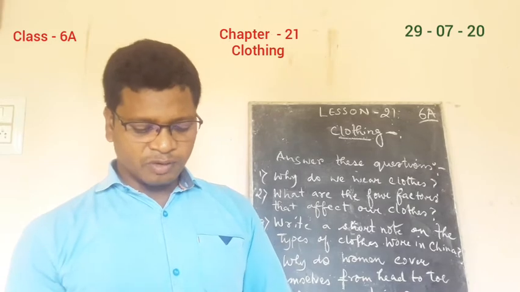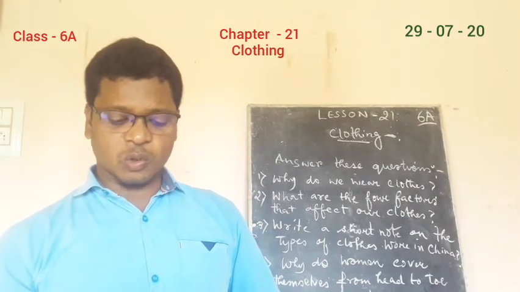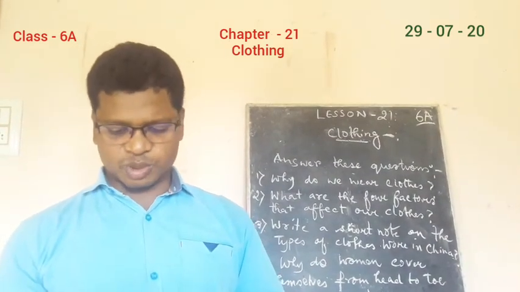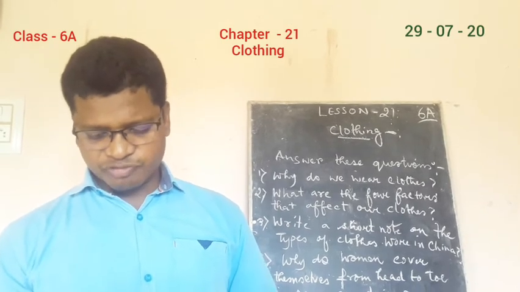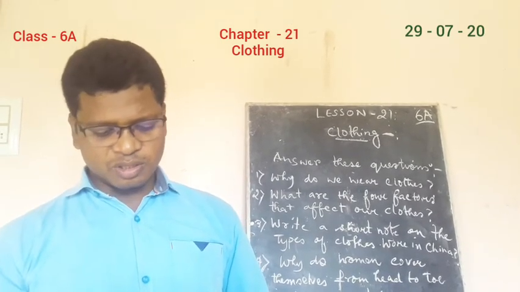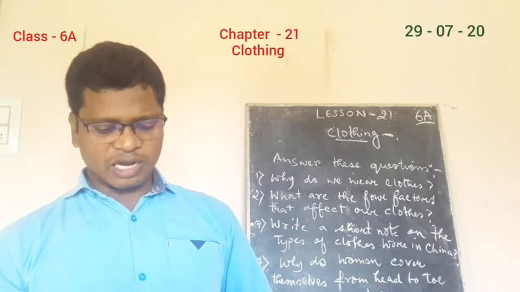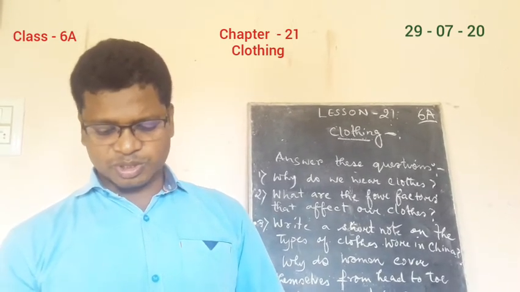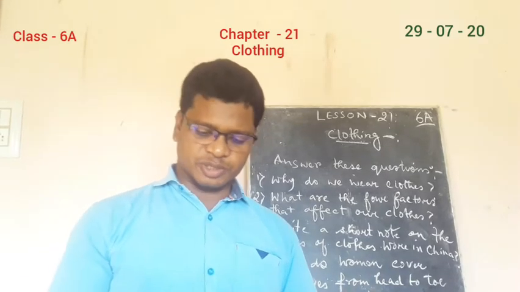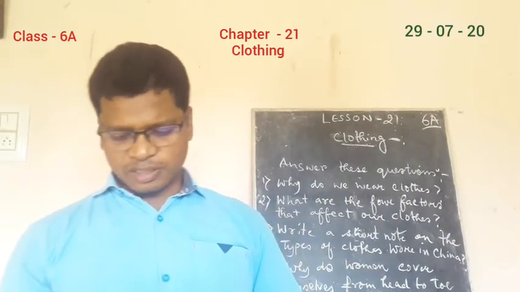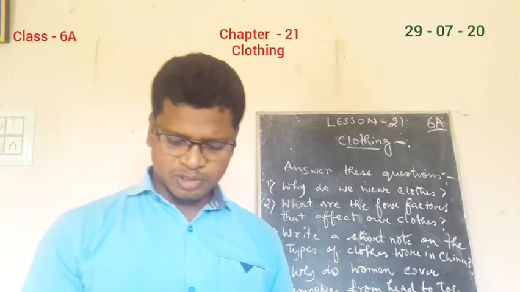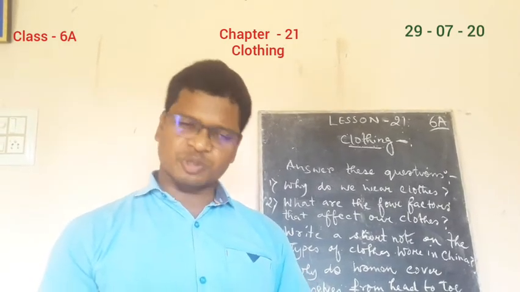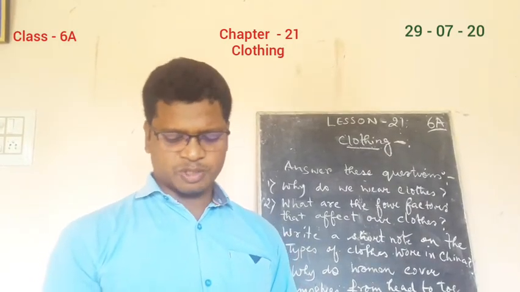The four factors that affect our clothes are, the first one is climate, then customs and traditions, religion, and the final one, financial status. So just remember all these things. Because of customs and traditions also we wear different kinds of clothes.